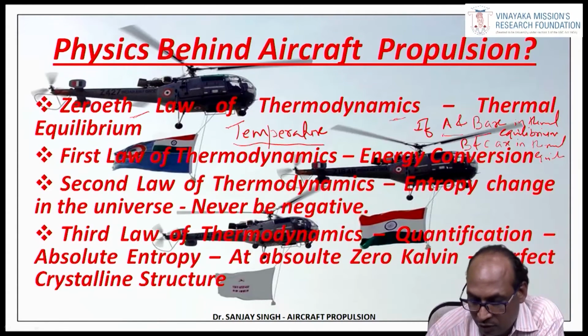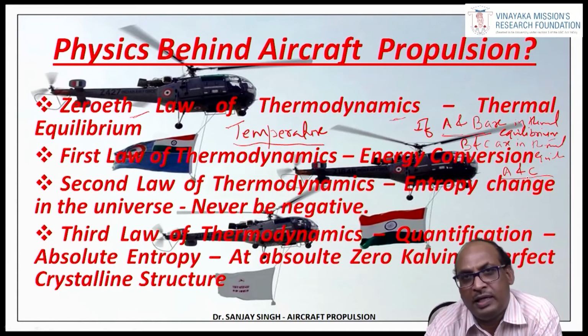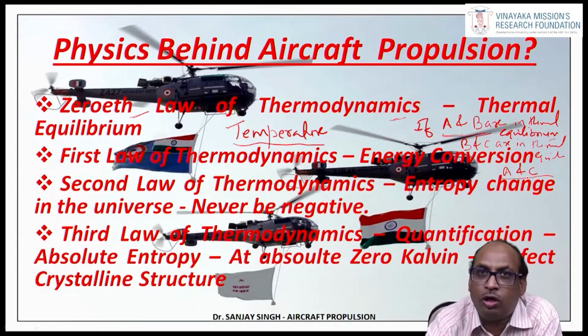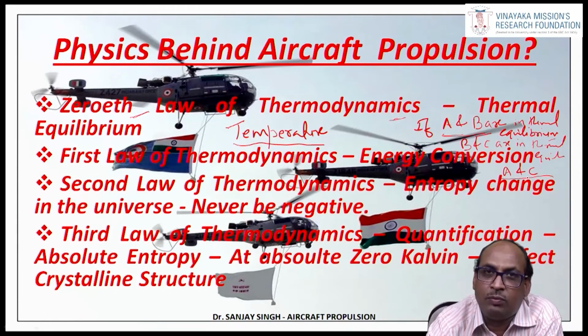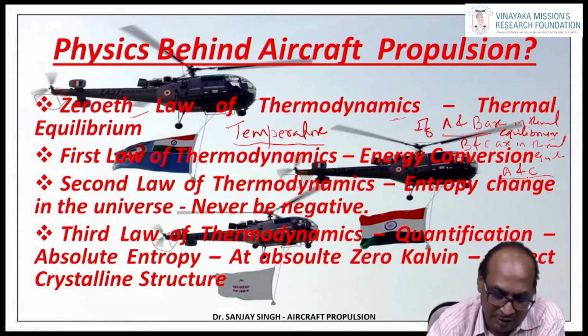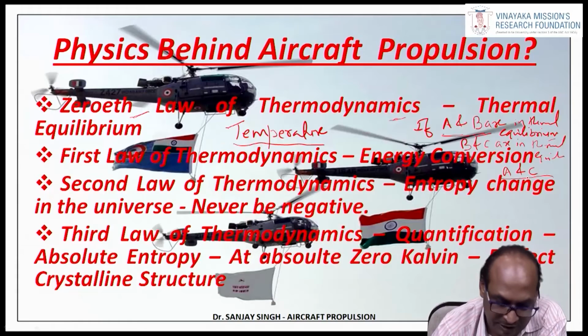So A and B are in thermal equilibrium and B and C are also in thermal equilibrium, then A and C are in thermal equilibrium automatically. This thermal equilibrium is given by the zeroth law of thermodynamics, and it is the base of temperature. The base definition of temperature, we get from the zeroth law of thermodynamics.